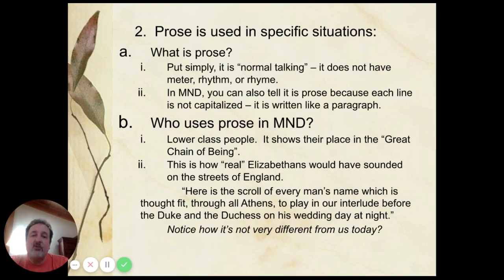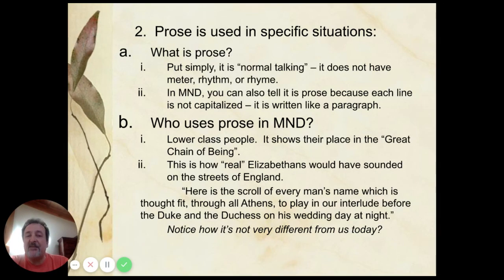And then prose, normal speaking, without meter, rhythm, or rhyme, is used by some of the other characters. All right? And you can tell it's prose because it'll be written like a normal paragraph. The lines aren't capitalized at the start of each one. It's not weirdly spaced. Right? It looks like just normal writing.